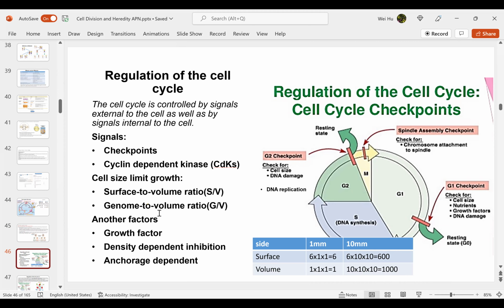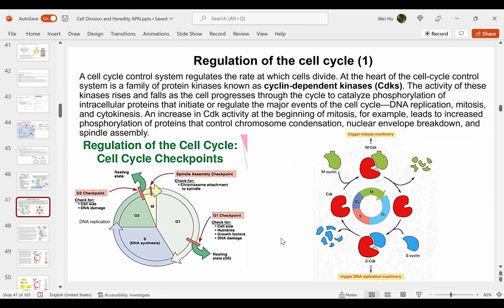And also your genome is fixed. So if your cells are too big, it requires a lot of protein, which means making mRNA is not good enough, and you're making your DNA overloaded. Other factors also contribute, but those two frequently happened in your past questions.